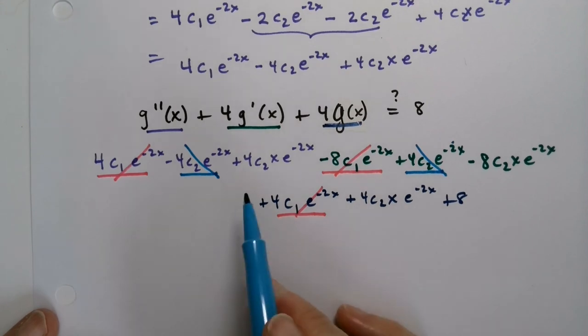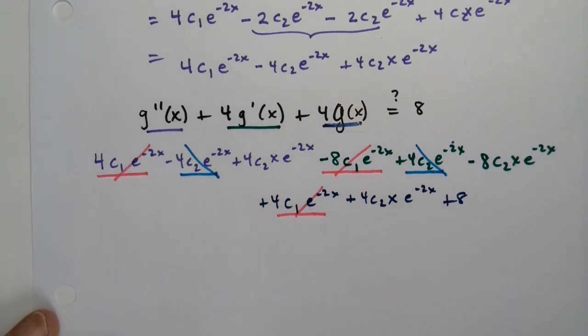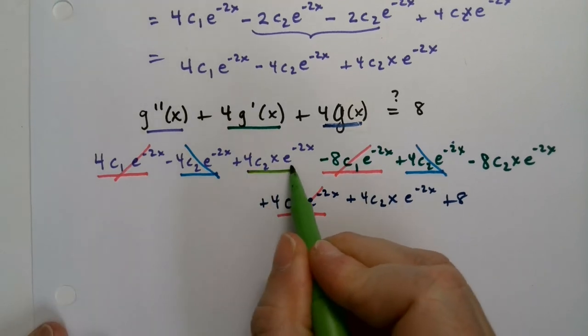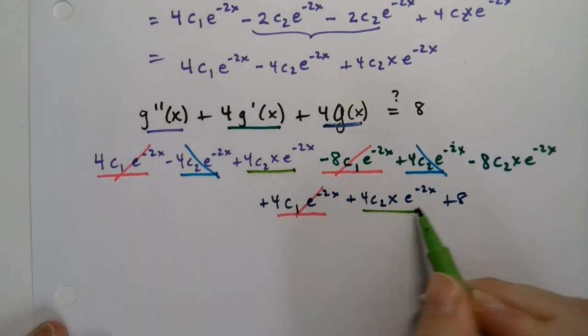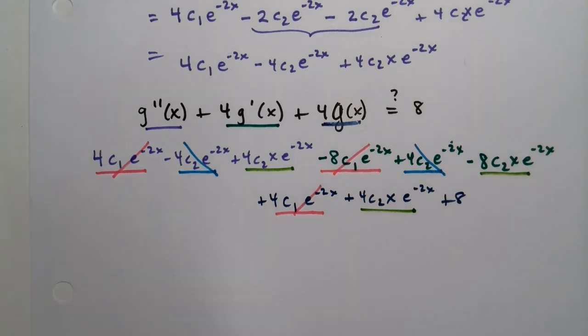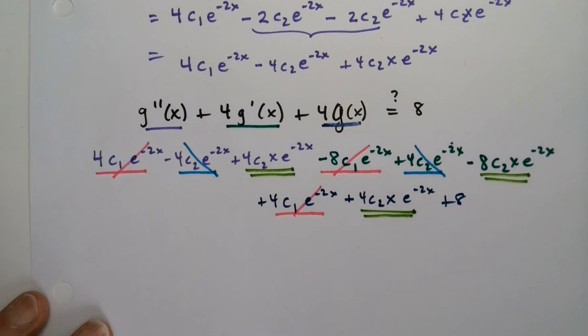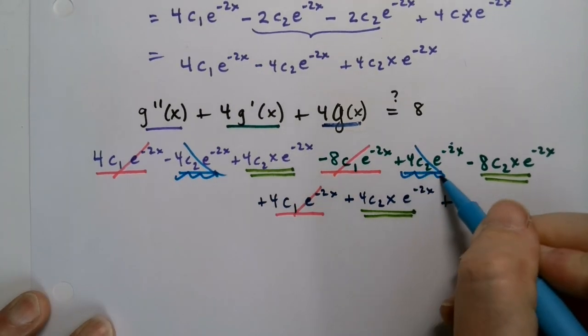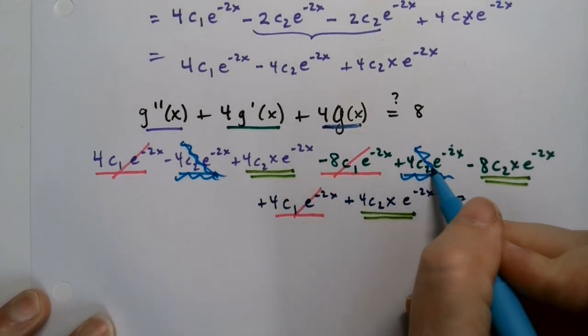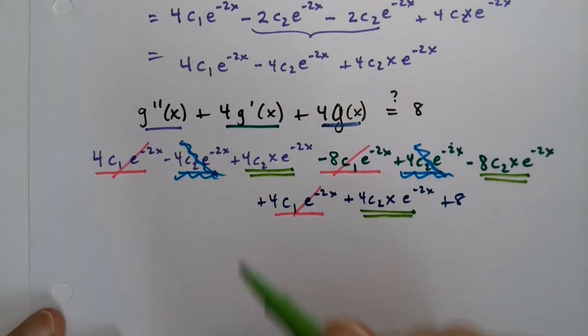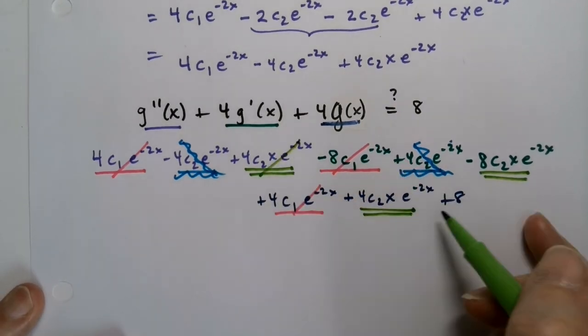They make 0. And last but not least, in case you can't see it coming from a mile away, 4c2x, 4c2x, and minus 8c2x. I'll mark them with squiggles so you can see. So these two match that one, and they cancel.